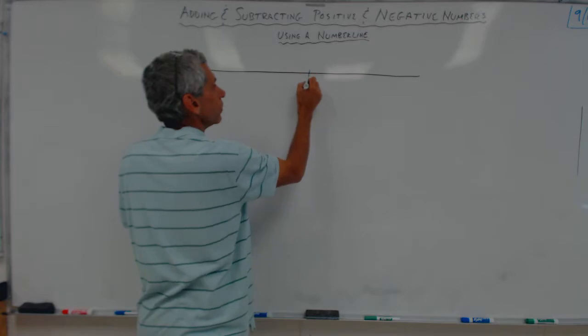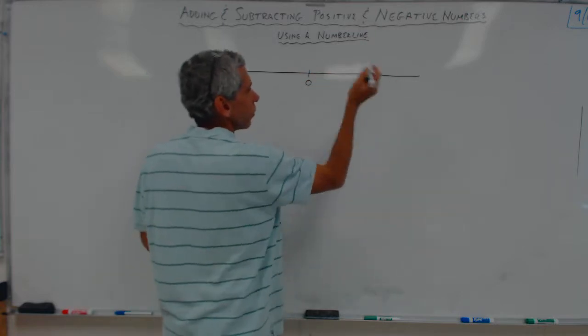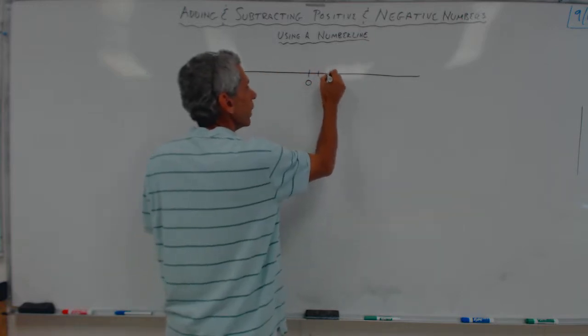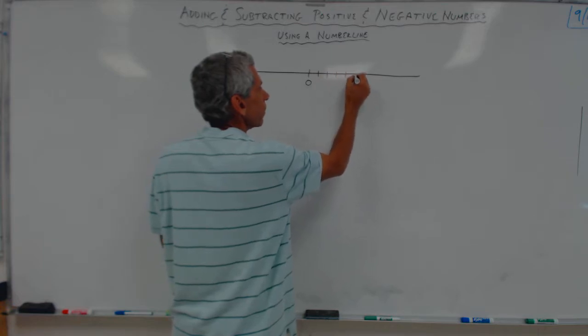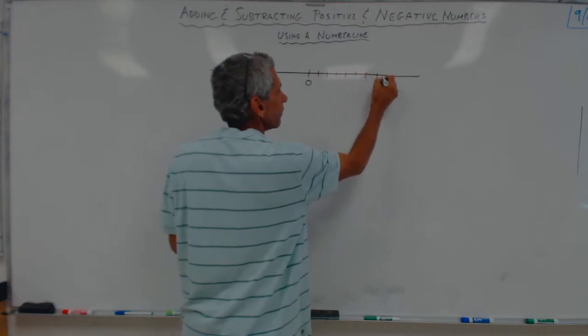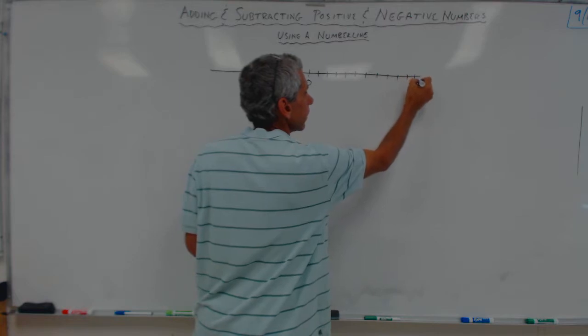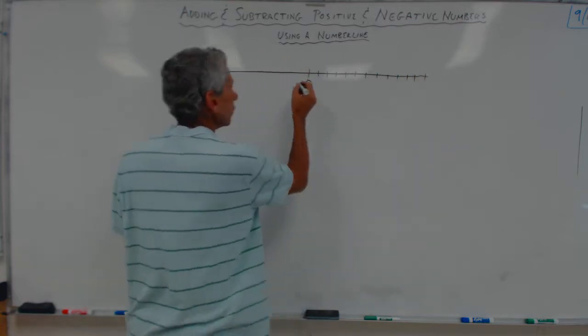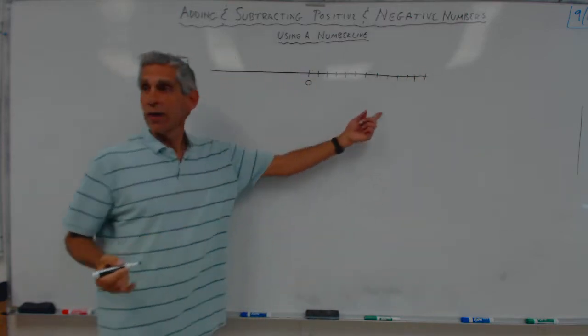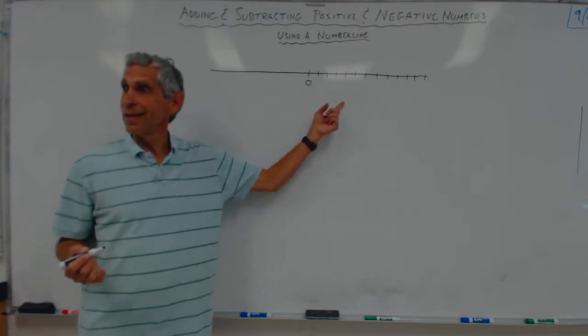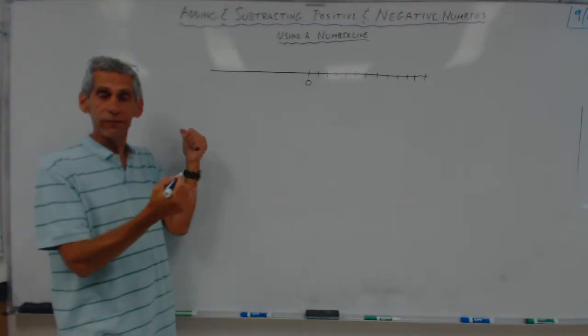and you have 0 in the middle, and let's go up to 12. So we'll go 1, 2, 3, 4, 5, 6, 7, 8, 9, 10, 11, 12. And you do the same thing. And we're also going to have integers, right? Because we're going to have negative numbers as well. We're going to go to the left of 0.